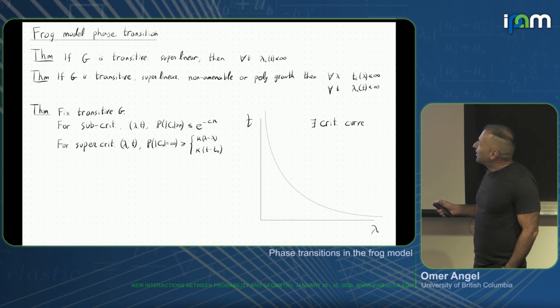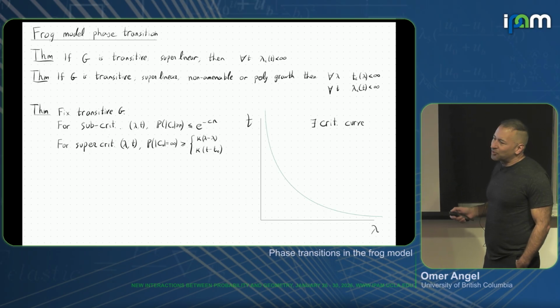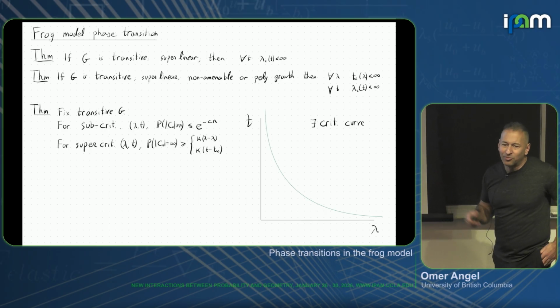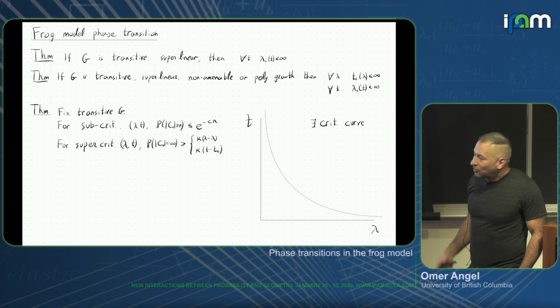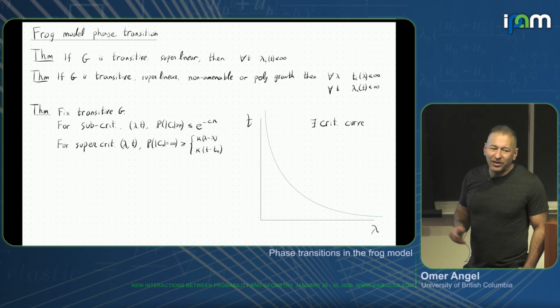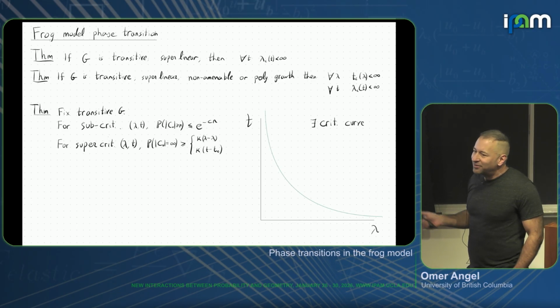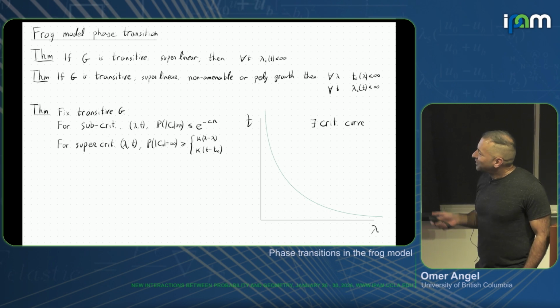We do this on non-amenable graphs, and on graphs with polynomial growth, where the volume of the balls grows polynomially of degree more than 1. We do not have an argument for completely general graphs, but this covers most interesting graphs, but certainly not all.